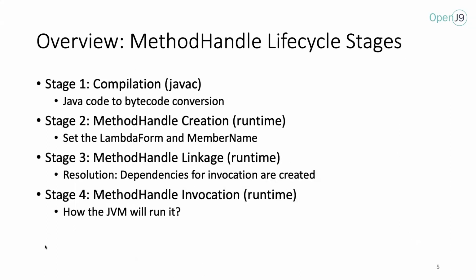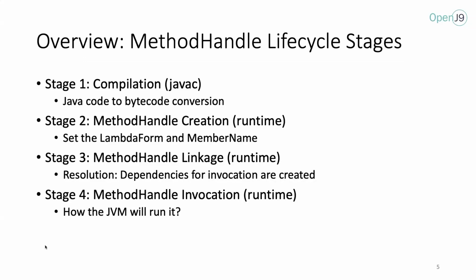In part 1, we saw the 4 lifecycle stages. The first one was compilation via Java-C, where we just compiled the method handle example via Java-C, and we showed what bytecodes are generated. In stage 2, we showed where in those bytecodes the method handles get created and how the internal elements of the method handle are initialized, the Lambda form and the member name.